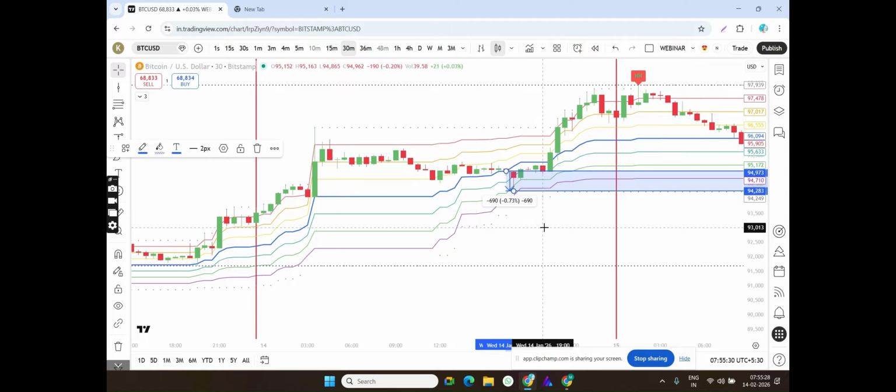Don't expect that the very moment you enter a trade you will start making profits. It is not that easy. You will have to face a lot of difficulties. Most traders will feel the pressure when they go into losses as they enter the trade.